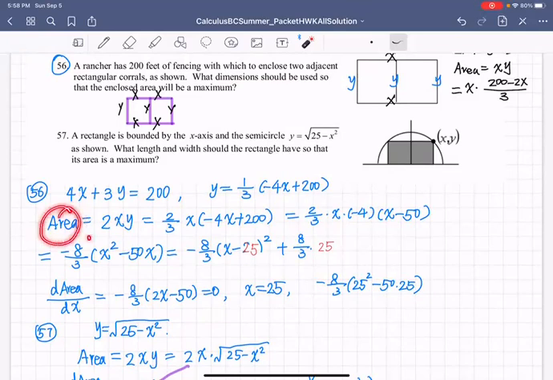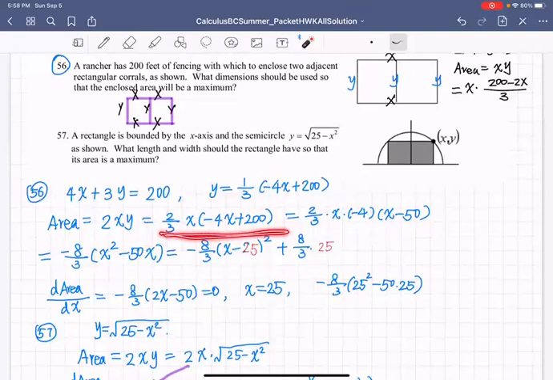After you write down the area expression, you want to get rid of one of the variables. You cannot mix x and y. You have to replace y by x so that you can find this function's maximum.